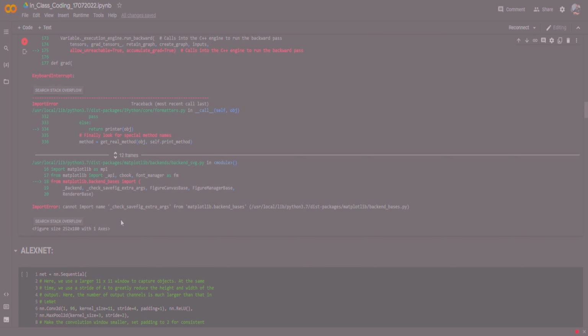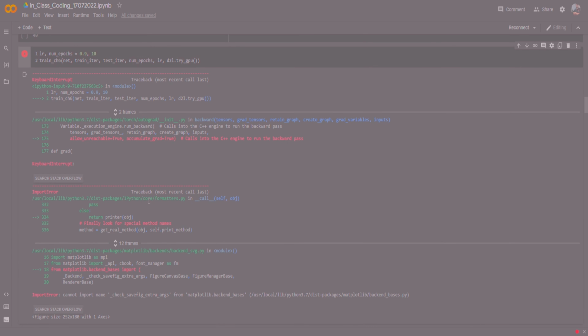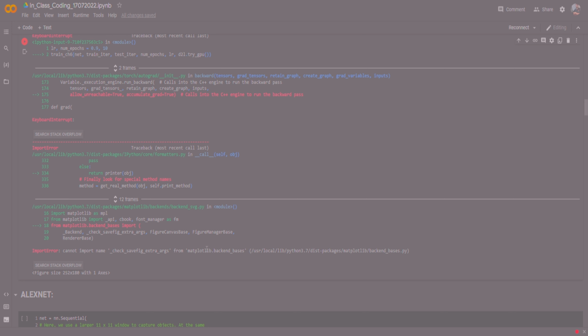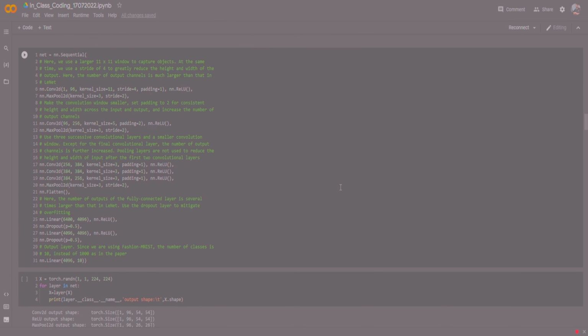It says there is a figure, but the figure is not being plotted, right? Let me check. Right now, I'm not able to understand what this exact error is, because everything we required is there, but it's saying that you cannot import something. Okay, let me try something in the break, and if something works out, I'll update you.